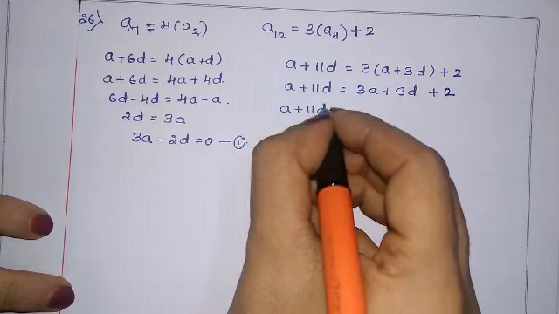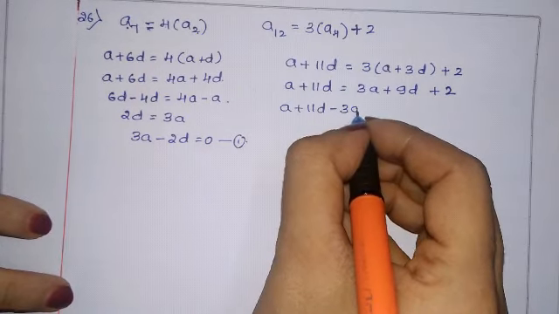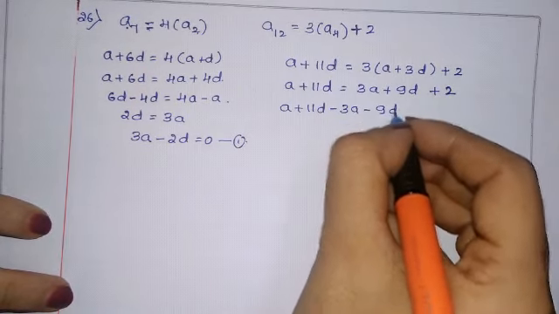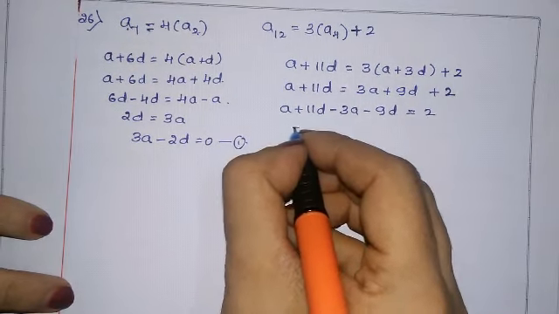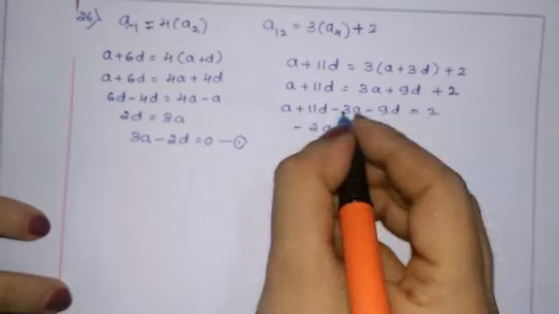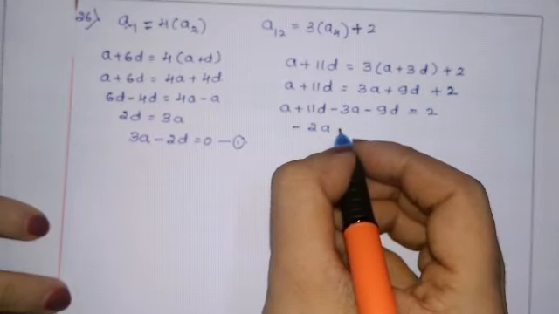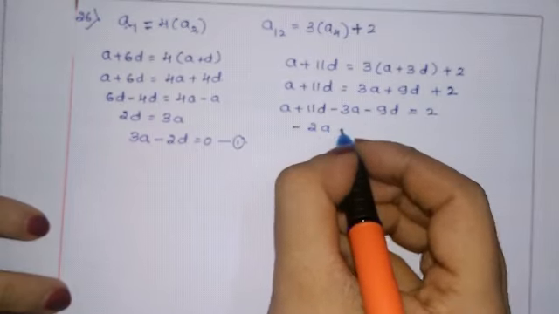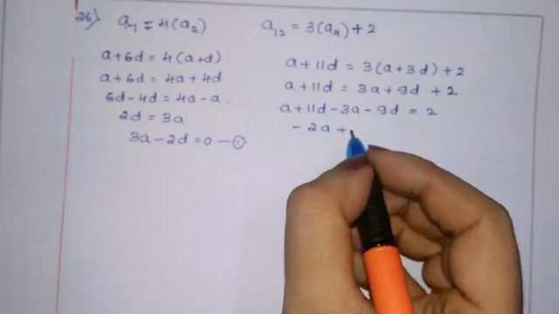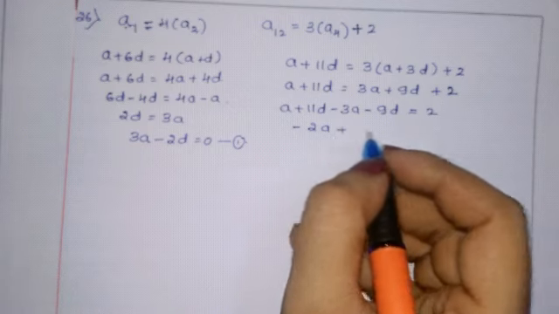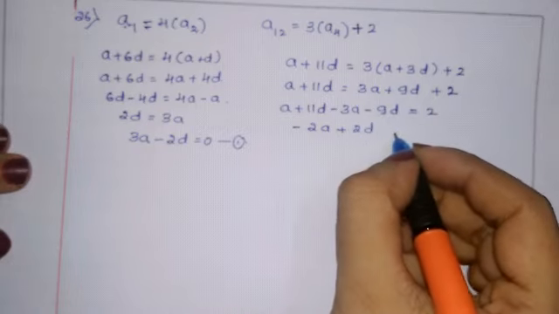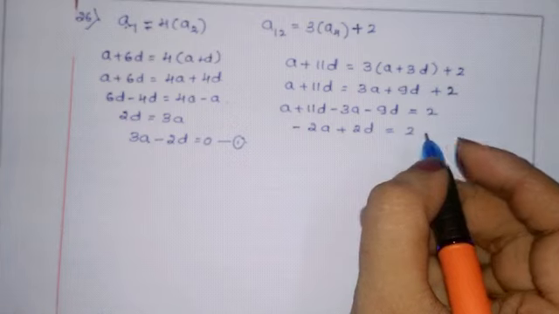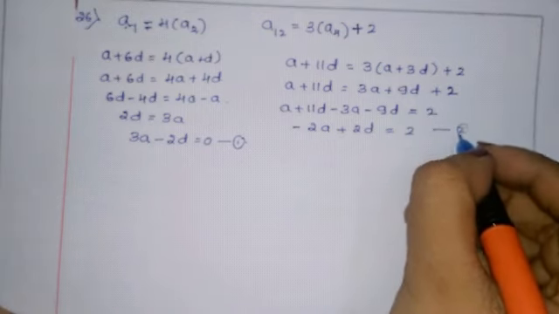A plus 11D minus 3A minus 9D is equal to 2. A minus 3A is minus 2A. 11D minus 9D is 2D, which is equal to 2. So this is equation 2.